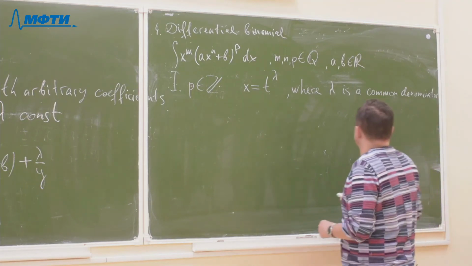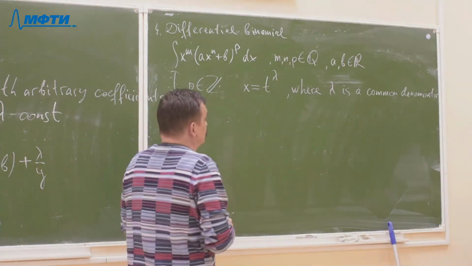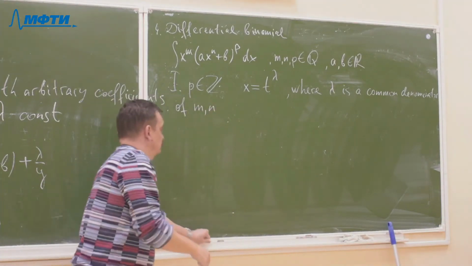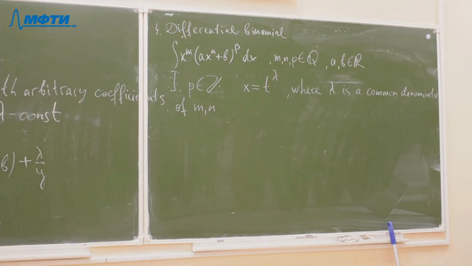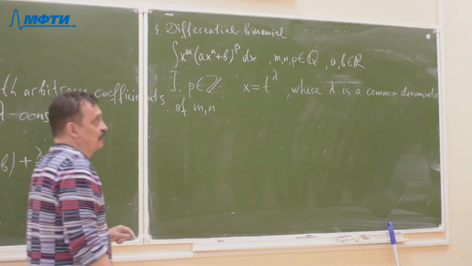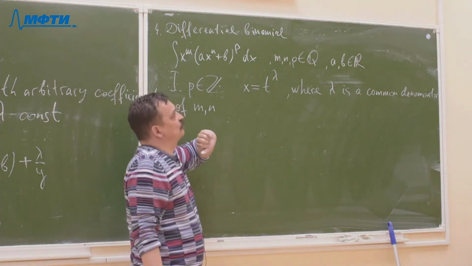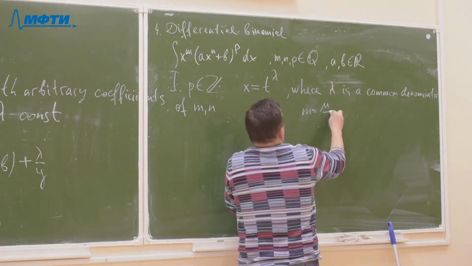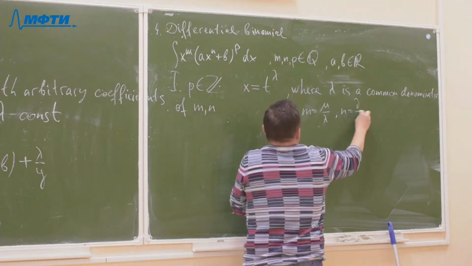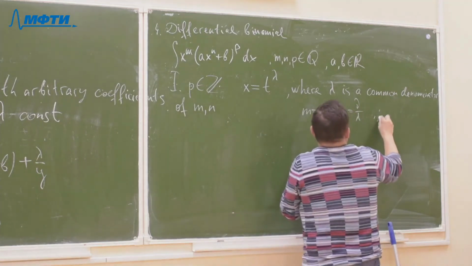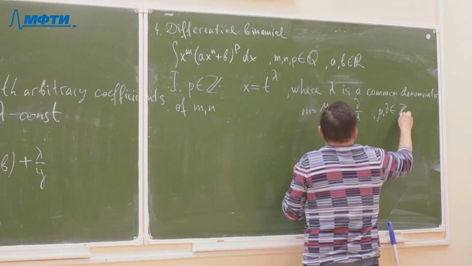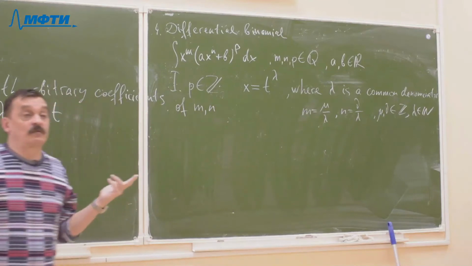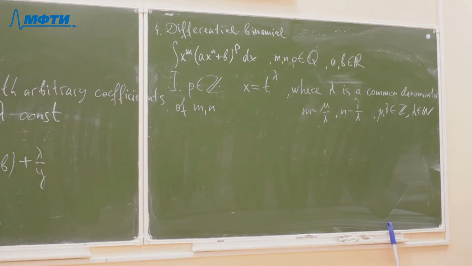Of course, the best would be to choose the least common denominator of m and n. So, why does it work? Look, x equals t to the power lambda. So it means m equals, let's say, mu over lambda, n equals nu over lambda, where mu and nu are integers, lambda is natural. So we have a common denominator, right?